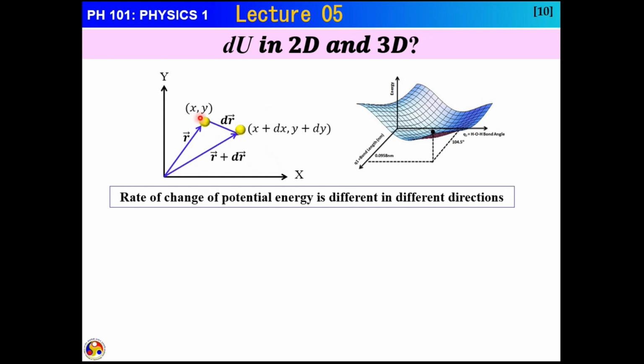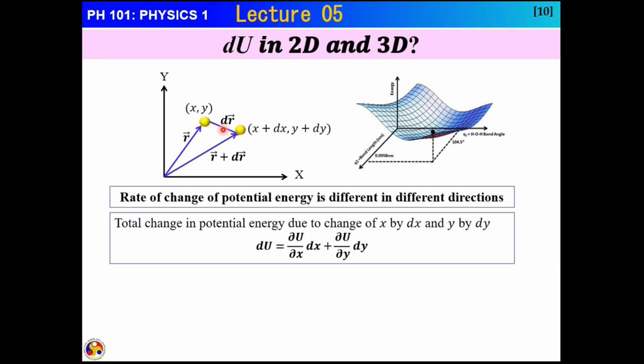In vector form, we can write that initially we are at position X, Y and we are moving to X plus dx and Y plus dy in 2D, then this is our displacement. So the total change of the potential energy, as we derived it, is similar to the height which was discussed in the first class.